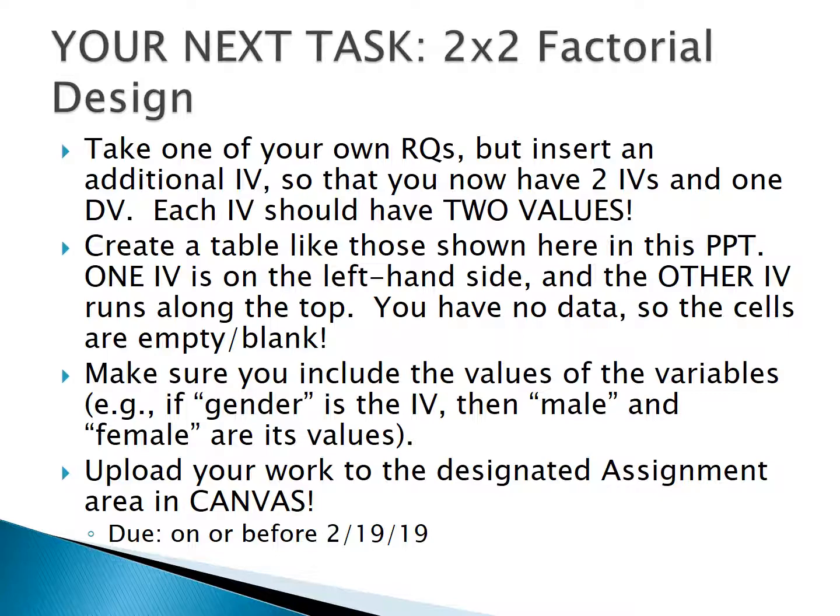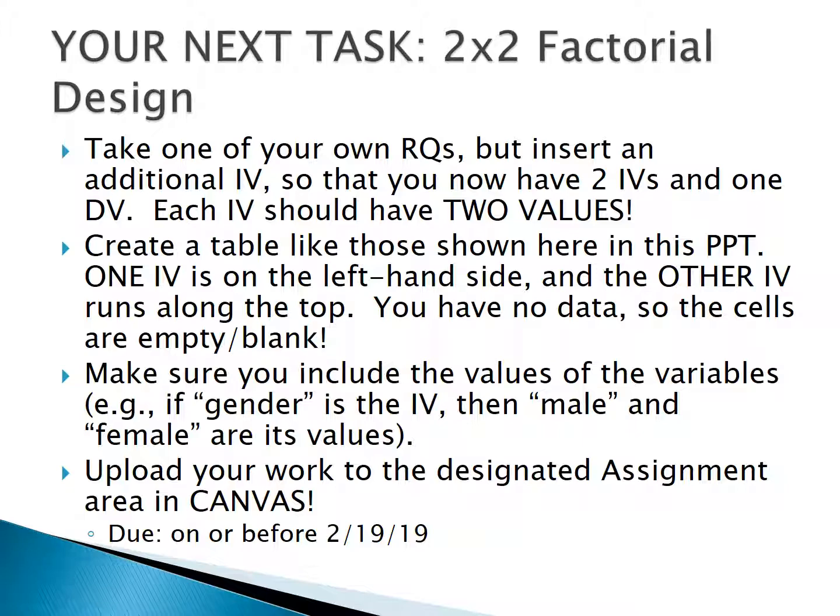That part's going to be blank. So what do you have to do? Create the name of the table, so call it Table 1, and based upon what your research question happens to be, you then title the table.